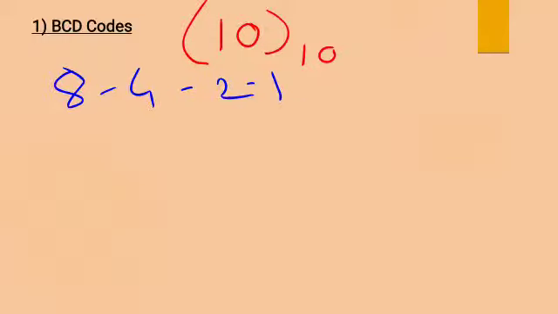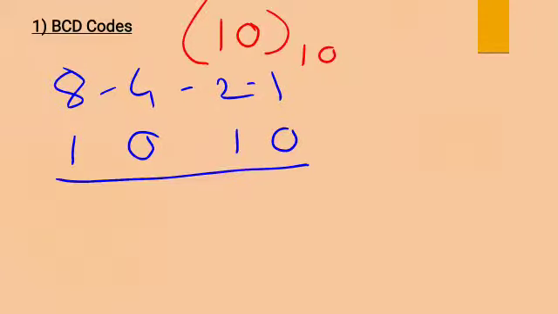So we want 10, so we can put a 1 at the 8 position and a 1 at the 2 position. In the rest of the positions we are going to put zeros. This is how we can write a binary number for 10.